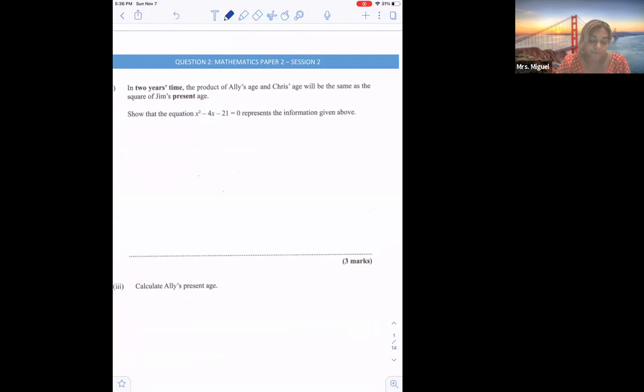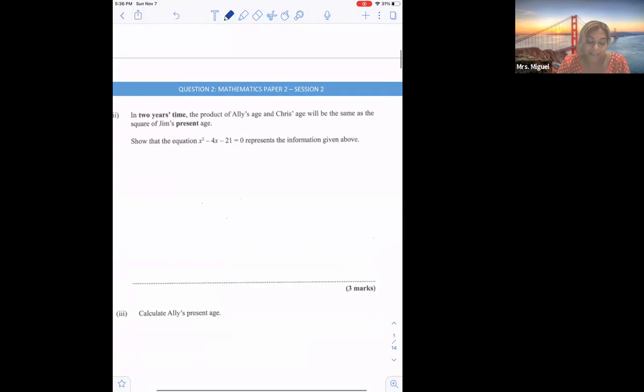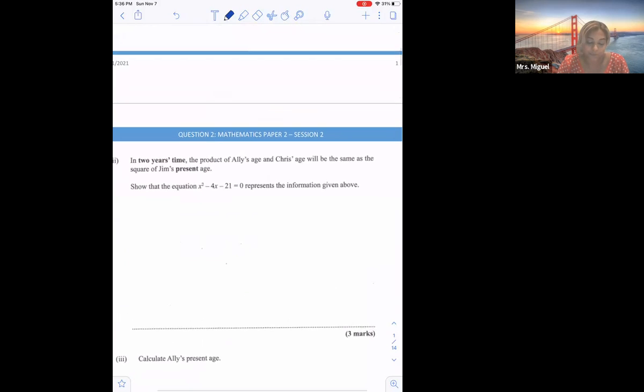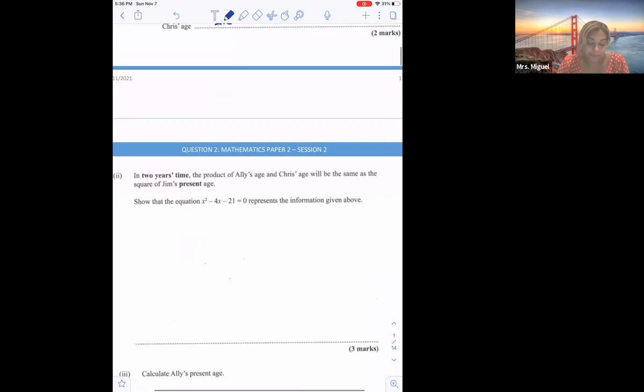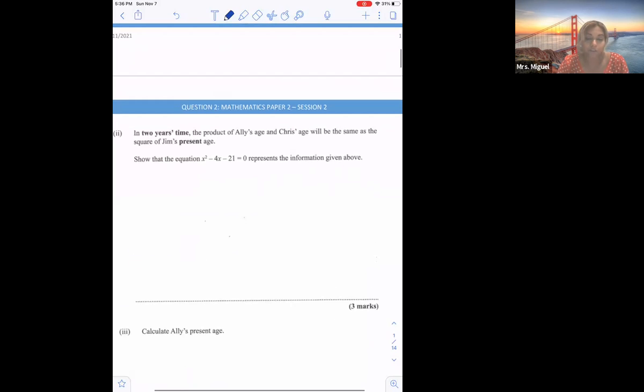In 2 years, the product of Ali's and Chris's age will be the same as the square of Jim's present age. So in 2 years, Ali would be x plus 2.